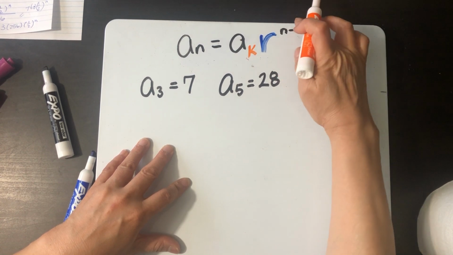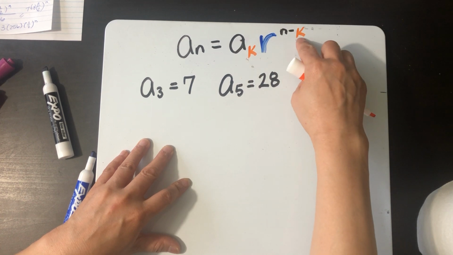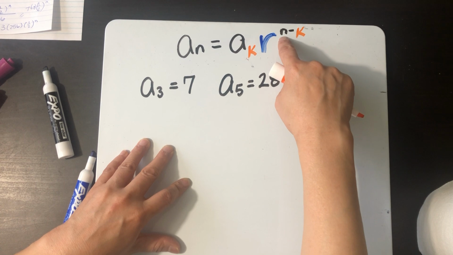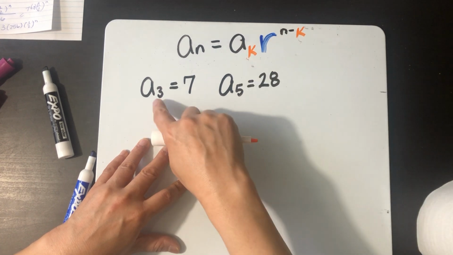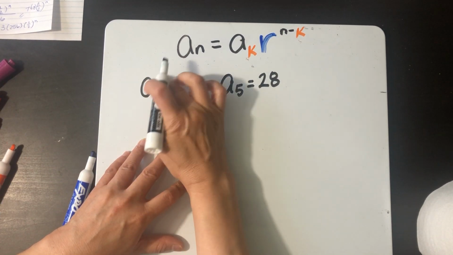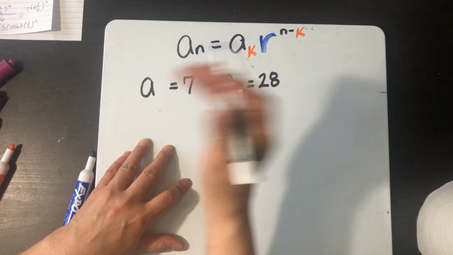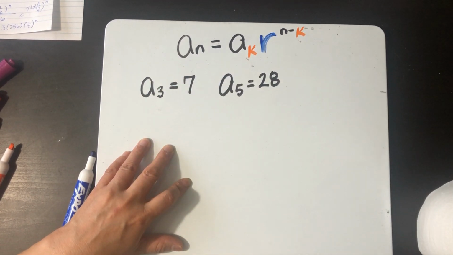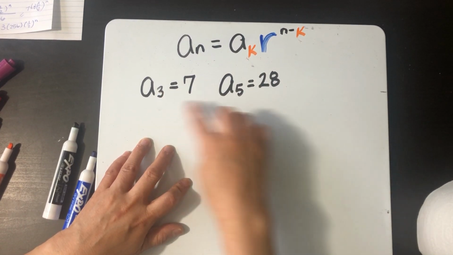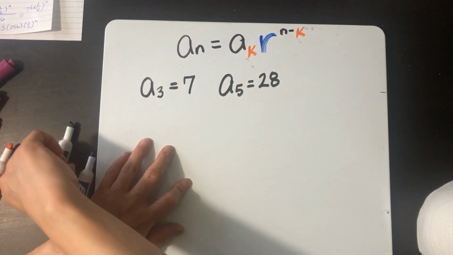Then you have to minus k, n minus k, because you're actually minusing the first term given. Whether this is term number 6 or 9, doesn't matter. It could be 2, it could be 12. It's just not the first one. So k refers to whichever is given first, instead of 1.